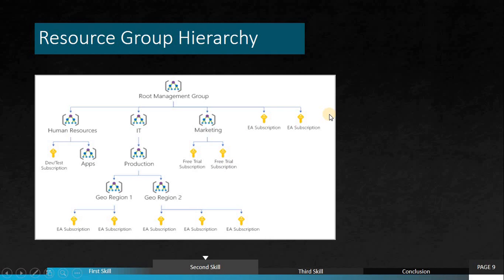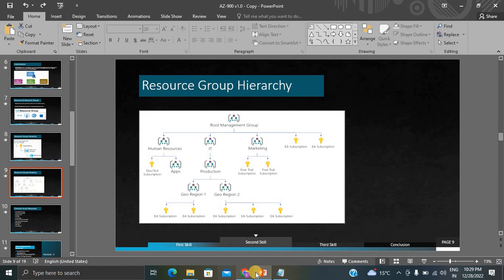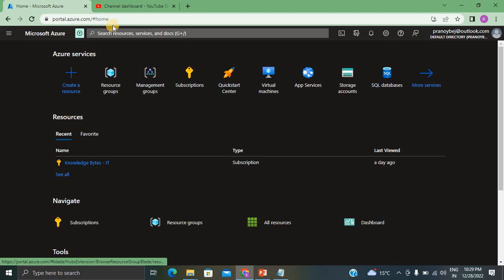Now let's directly jump into the Microsoft Azure portal and see them in action. To access the Azure portal, you need to browse to portal.azure.com and you will be routed to this page. Since I am already logged in, I will directly jump into management groups.